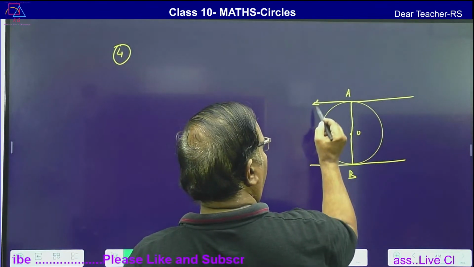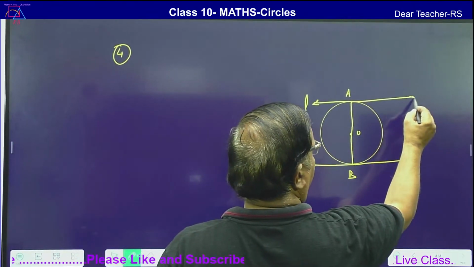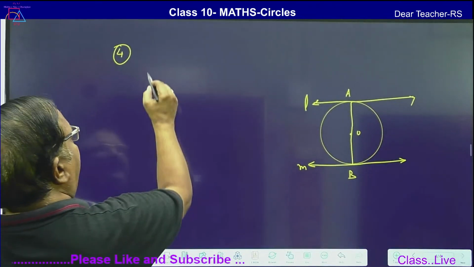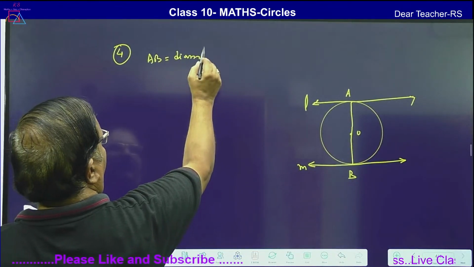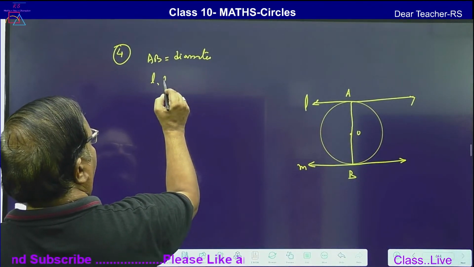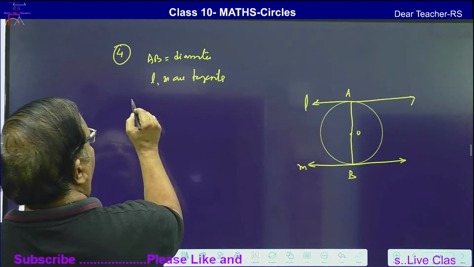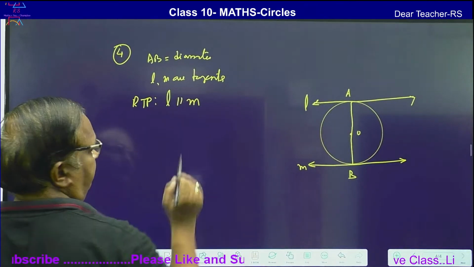So this is L and this is M. Now you have to prove L is parallel to M. AB is a diameter, L and M are tangents. So now, to prove L is parallel to M.